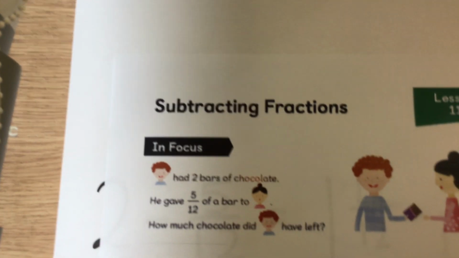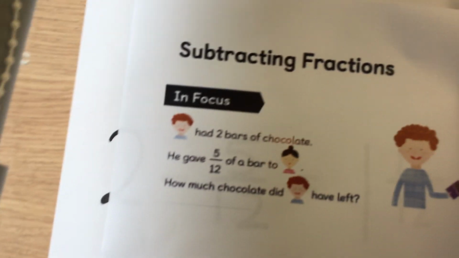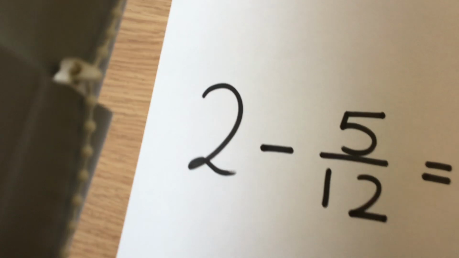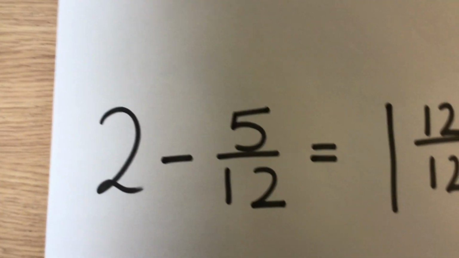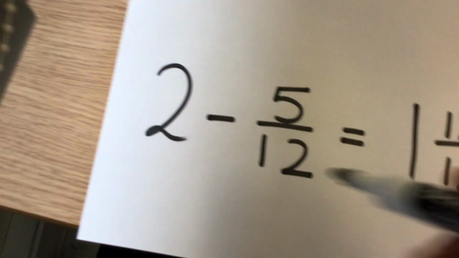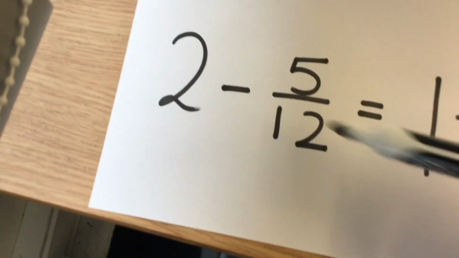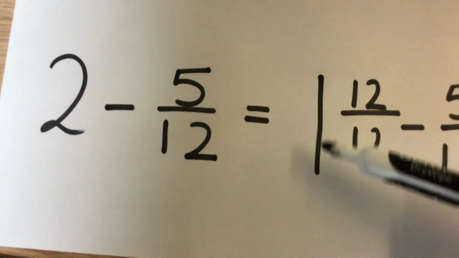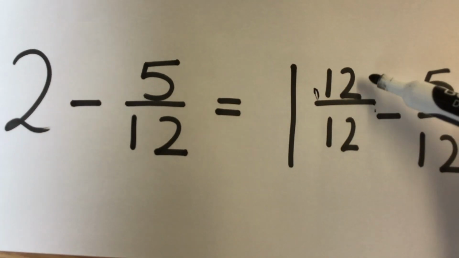Okay, let's go back to the problem we started with. We started with this one, 2 bars of chocolate, and he gave 5/12 away. So 2 subtract 5/12. Well, I need to think about this because I haven't got any 12ths there. I've got 1 whole and my other whole I'm going to show as 12ths.